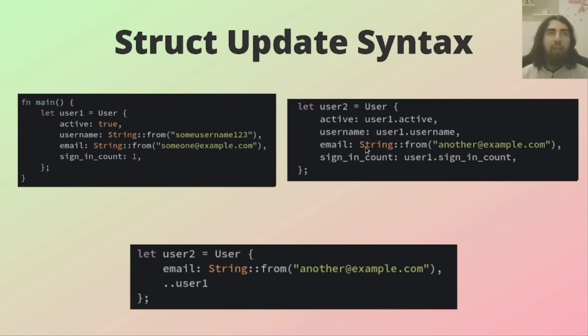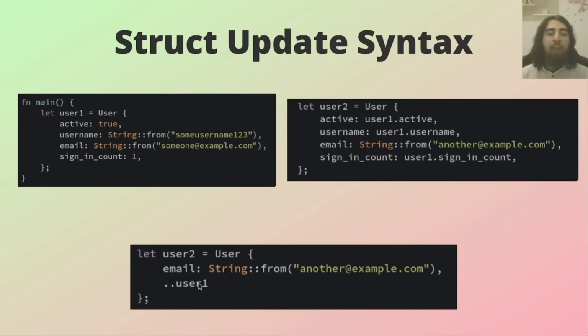And as I've said, there is a better way to write this, and this would be instantiating a struct like we did before, but just providing the fields that are different from the instance we want to take from it. So for example, over here, we say that the email field should hold this value.